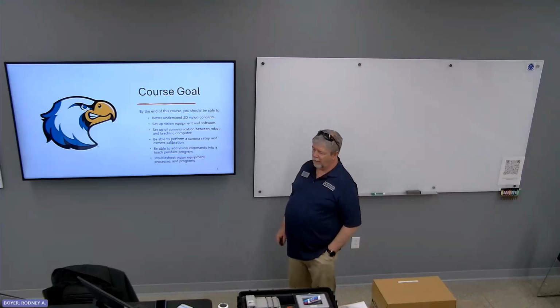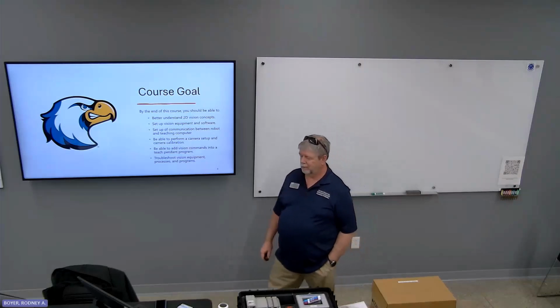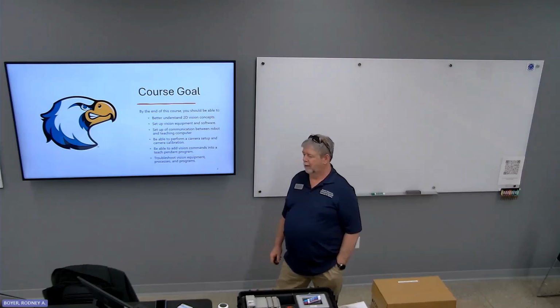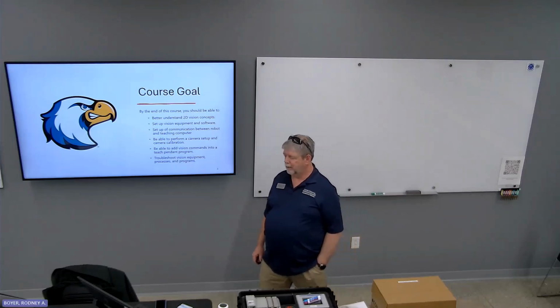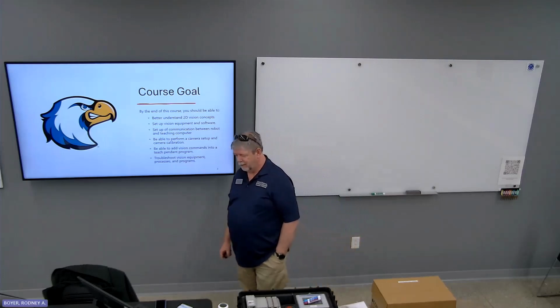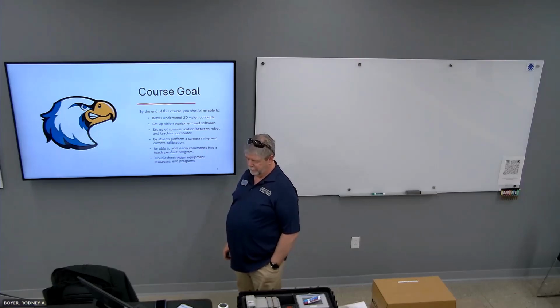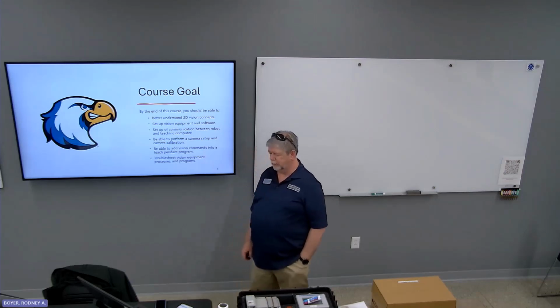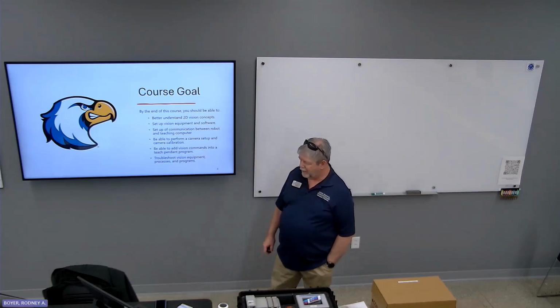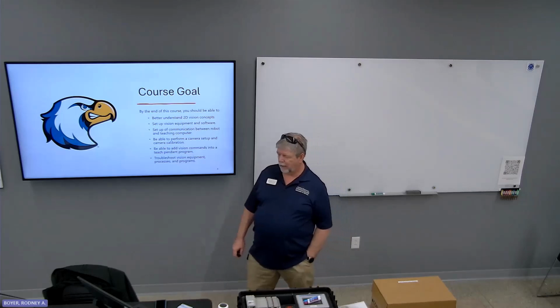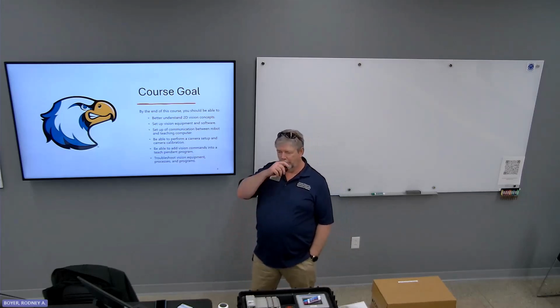Course goal: by the time we get done with this course, you should be able to better understand the 2D vision concepts, set up vision equipment software, set up communication between robot and teaching computer, be able to perform a camera setup and camera calibration, be able to add vision commands into a teach-pendant program, troubleshoot vision equipment processes and programs.